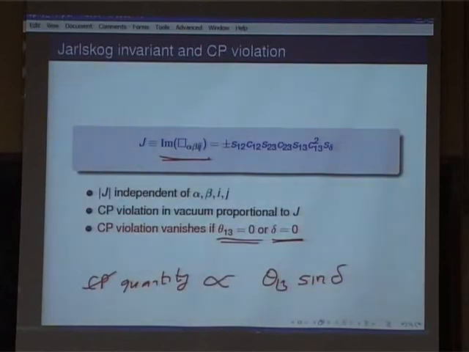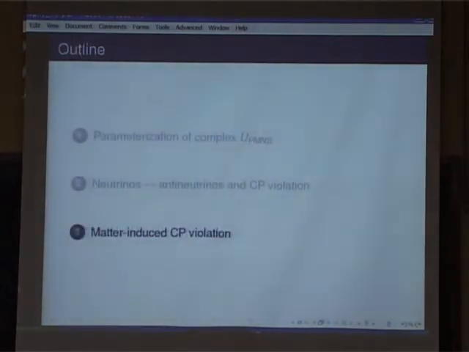So now we'll start thinking about actual experiments which will be able to detect this CP violation. There are already some experiments which can detect theta 12, which is solar. We saw experiments which can detect theta 23, which were atmospheric experiments, and then Minos and K2K. There is an experiment which can measure theta 13, which was this reactor experiment.